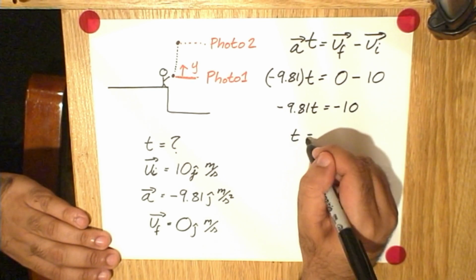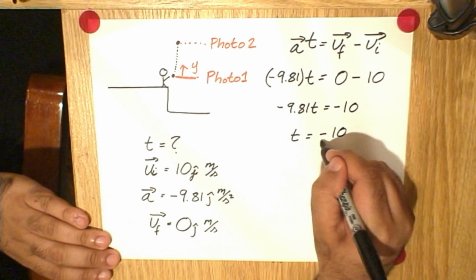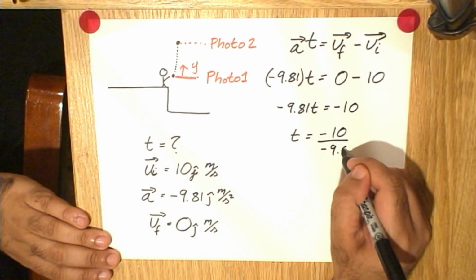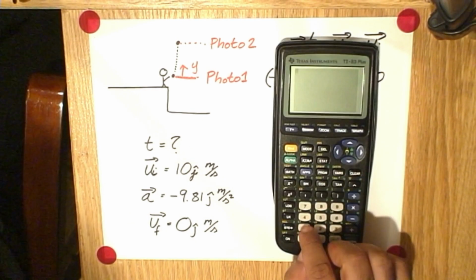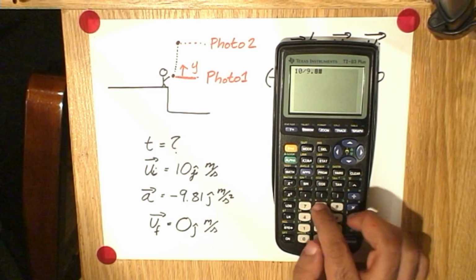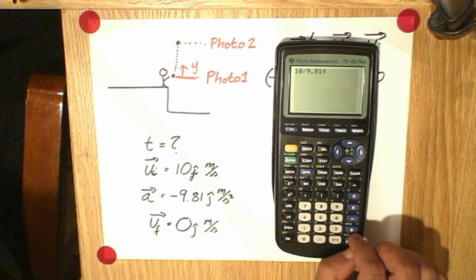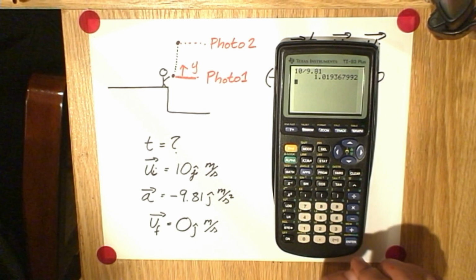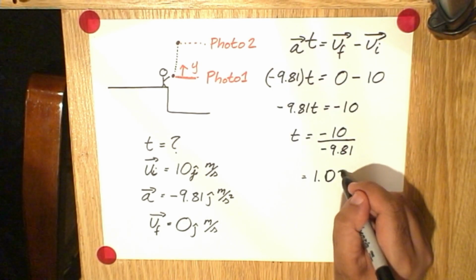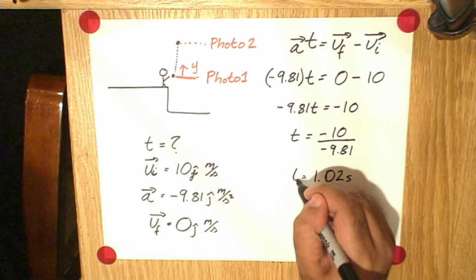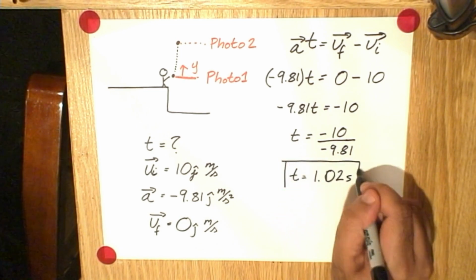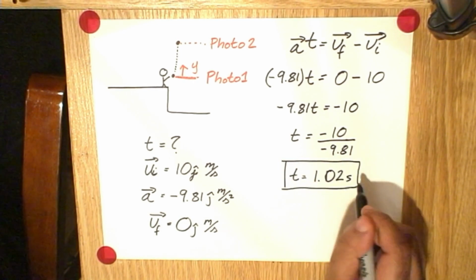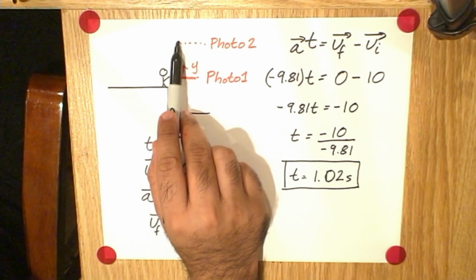So time is equal to negative 10 divided by negative 9.81. 10 divided by 9.81, since the negative signs will cancel each other, you don't have to put them into your calculator, gives us 1.02 seconds. So this is the time required for the rock to reach its peak.